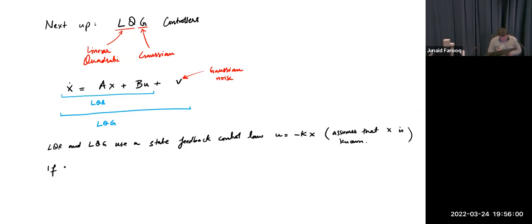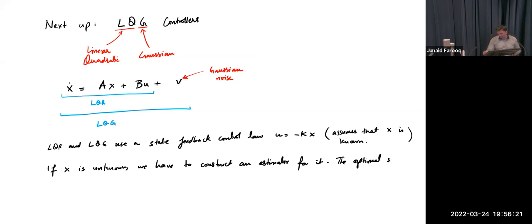So if x is unknown, we have to construct an estimator for it, and the optimal state estimator under Gaussian noise is called a Kalman filter.